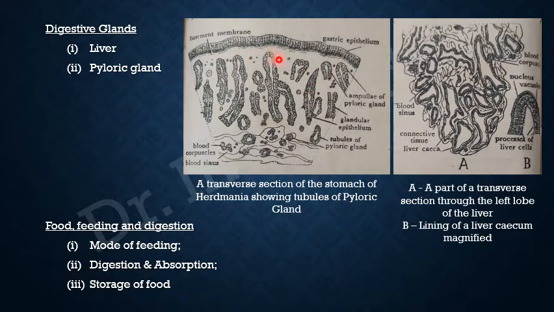This is the outer wall, and this is towards the lumen of the stomach. The ampullae are placed on the outer surface of the wall, and the tubules of pyloric gland are placed towards the lumen, because they have to open into the lumen of the stomach.